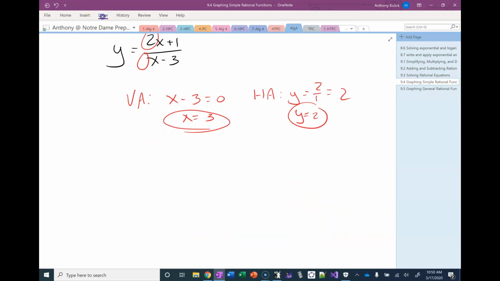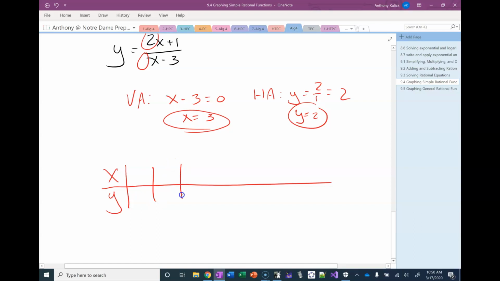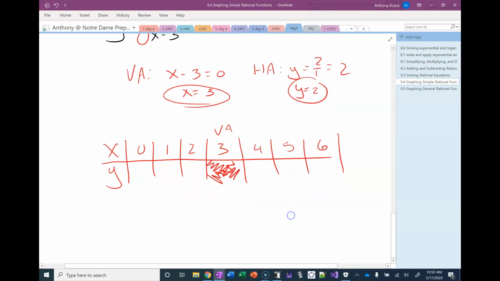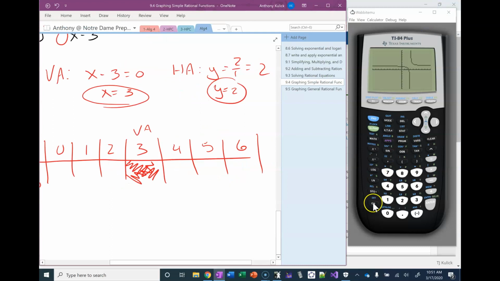Okay, so I'll start now by making my XY table, and I'll start doing this the same way that we did before. So I'm going to put the vertical asymptote in the middle. And I'll do 3 points on either side. So I'll just pick them in kind of the obvious fashion. And then I'll go to my calculator to help me generate the y coordinates just by plugging these in.